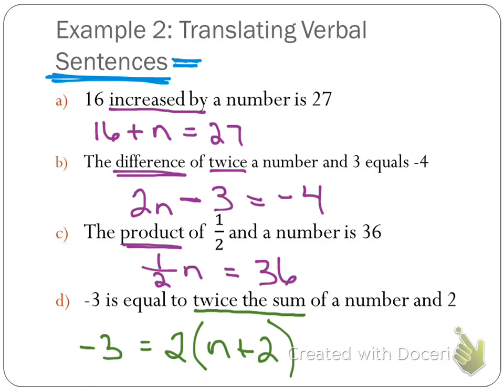"Twice the sum of," okay? 9 times out of 10, those are the key words that you will see whenever it indicates parentheses, at least for this stage of this concept. In later grades, it'll become more complex, but that's pretty much all you need to know. Okay, so if you understand that, that's everything you need to know for 7.1.